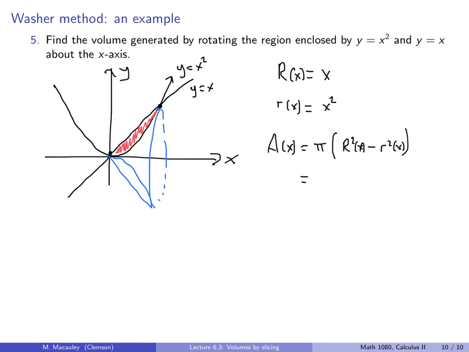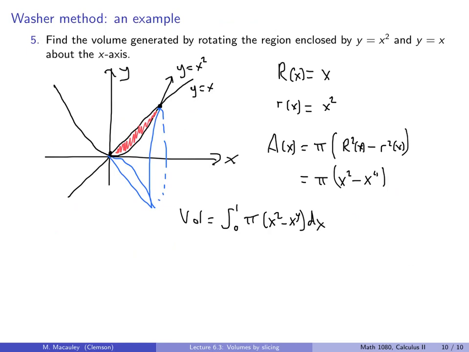So this is pi times x squared minus x to the fourth. So the volume equals the integral from 0 to 1 of pi times x squared minus x to the fourth dx.